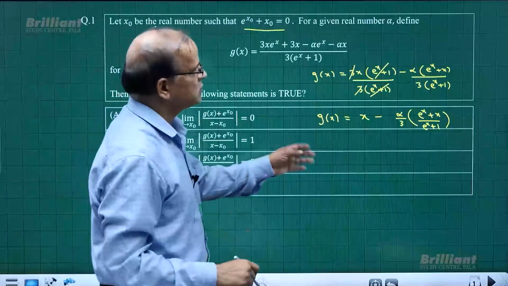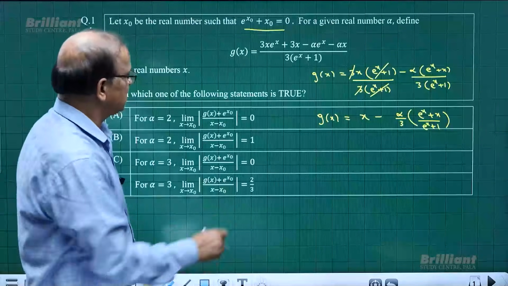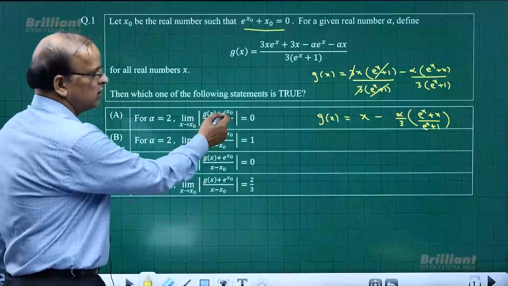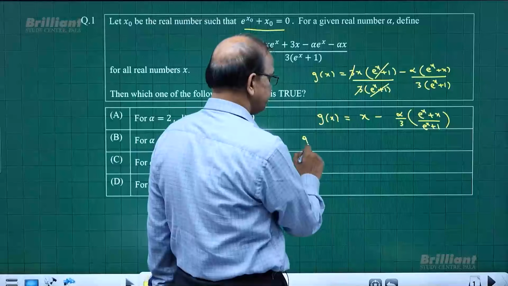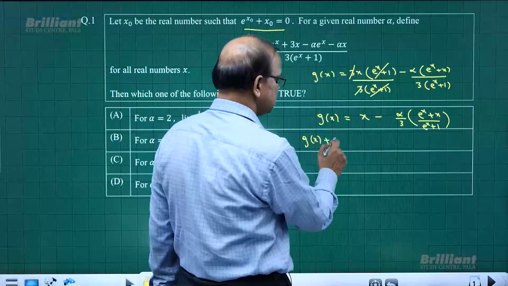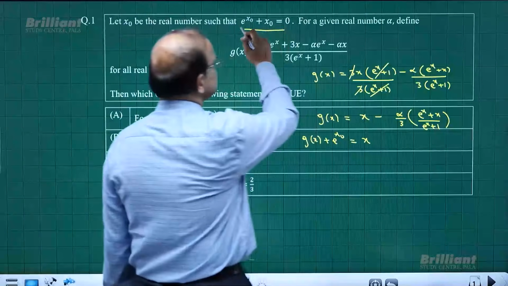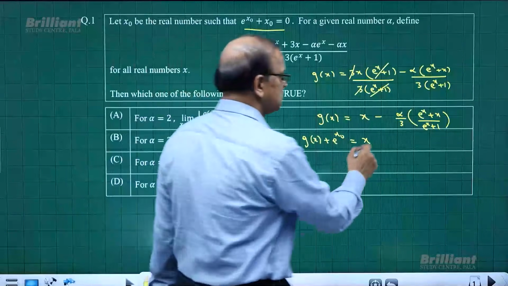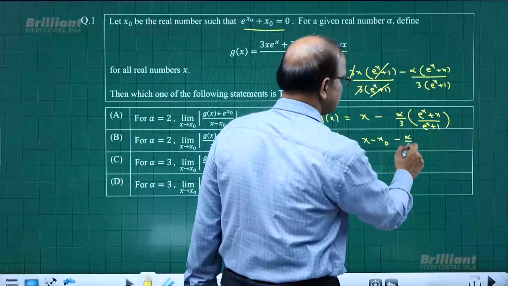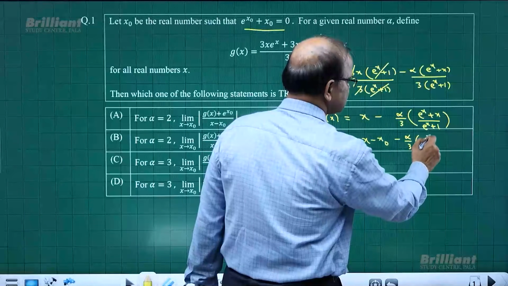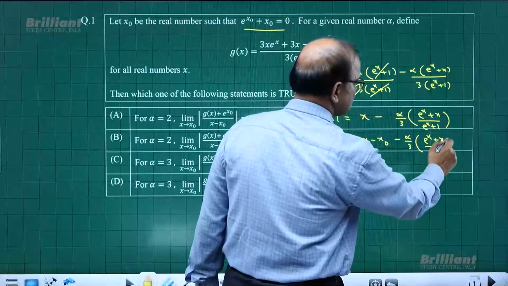Now I will add to both sides g of x plus e power x naught, because in this question e power x naught is there. That is why I add g of x plus e power x naught to both sides. That is, e power x naught is what? Minus x naught. So here minus x naught minus alpha by 3 e power x plus x by e power x plus 1.